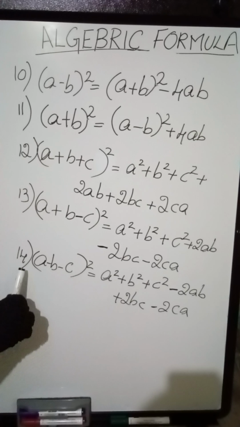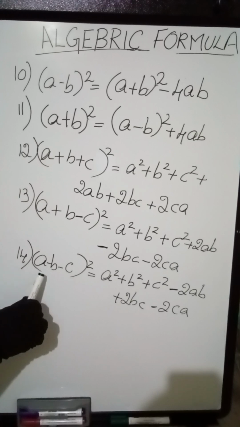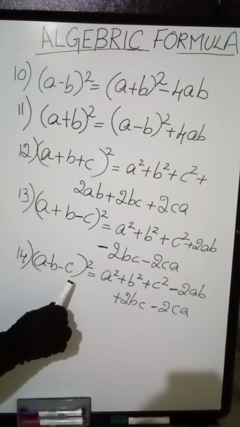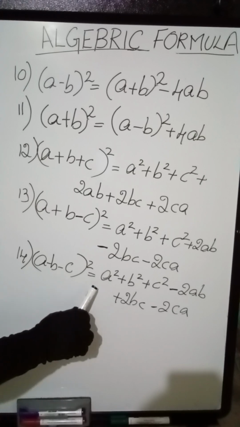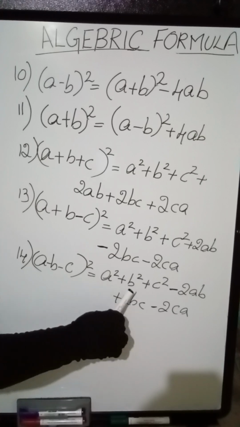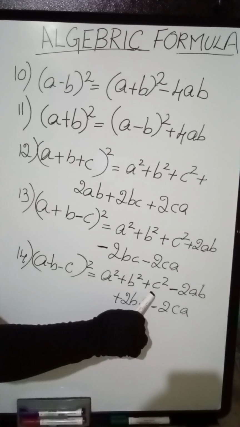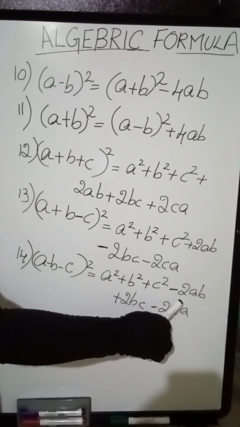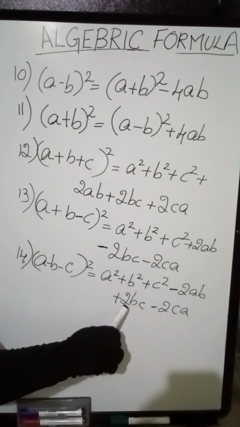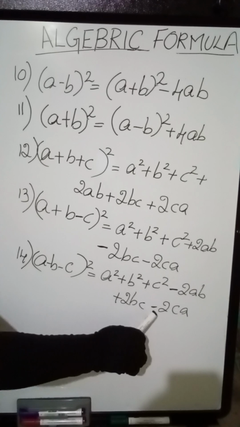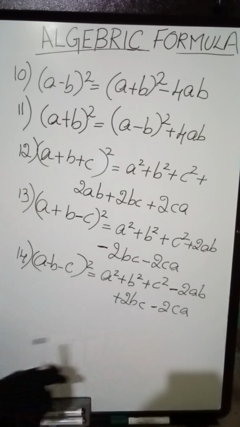And when you have the formula for a minus b minus c the whole square, it will be equal to a square plus b square plus c square minus 2ab plus 2bc minus 2ca.